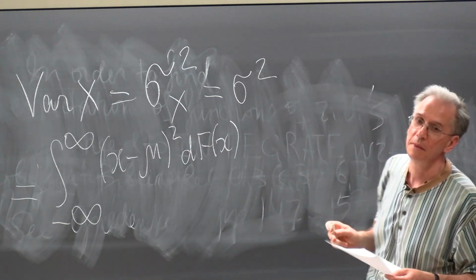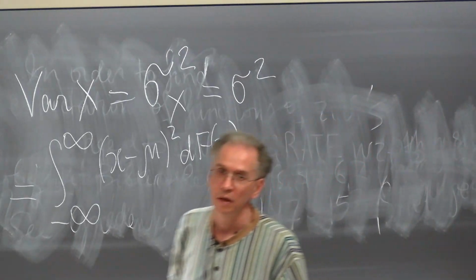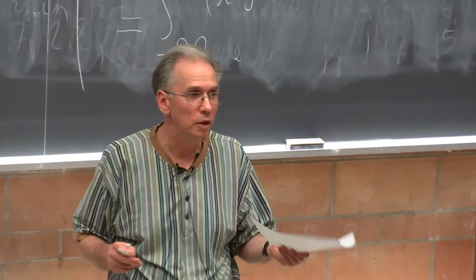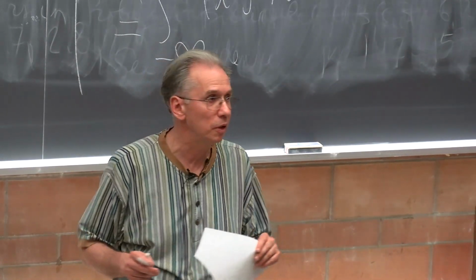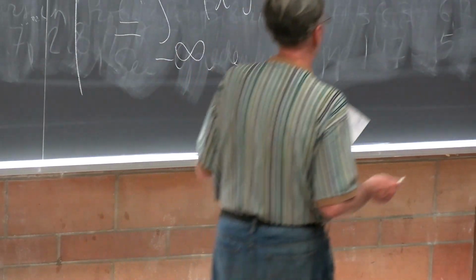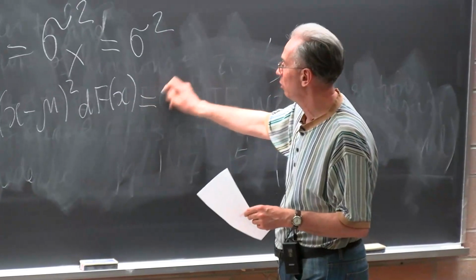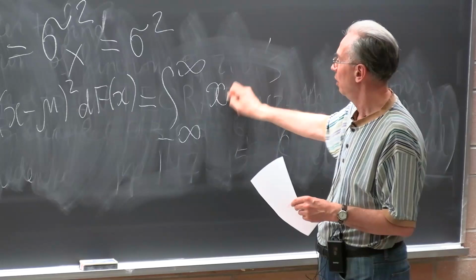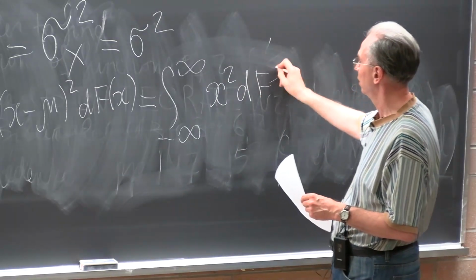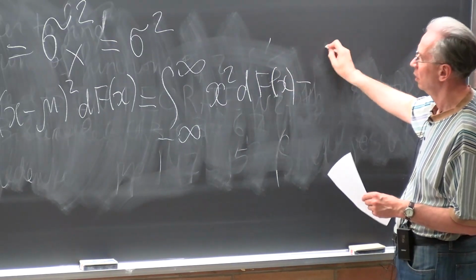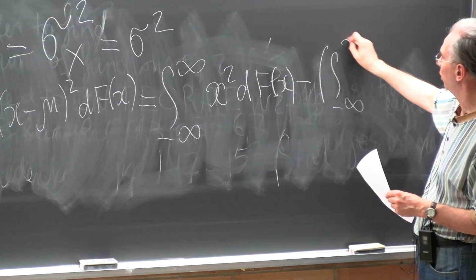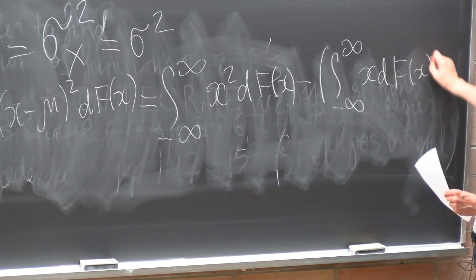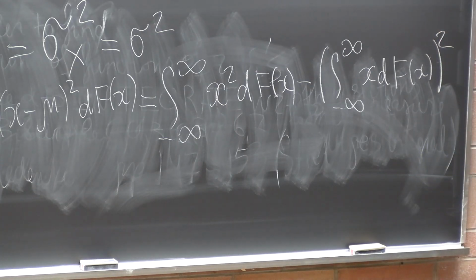But since the variance equals the second non-central moment minus the squared expectation, we frequently evaluate it as the integral from negative to positive infinity of x squared dF(x) minus the integral from negative to positive infinity of x dF(x), squared. Okay?